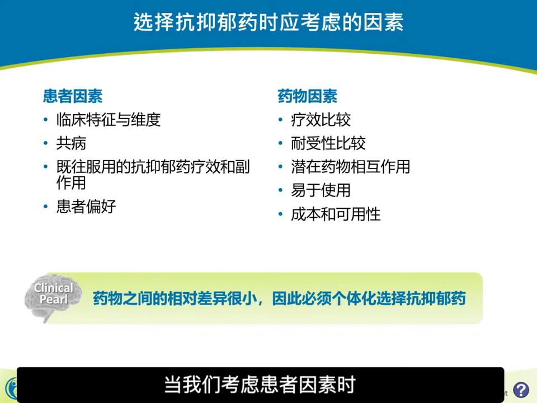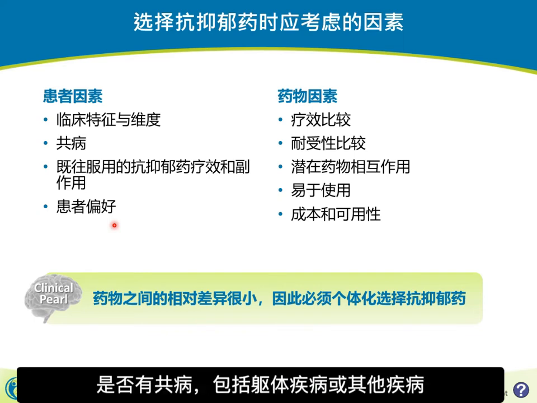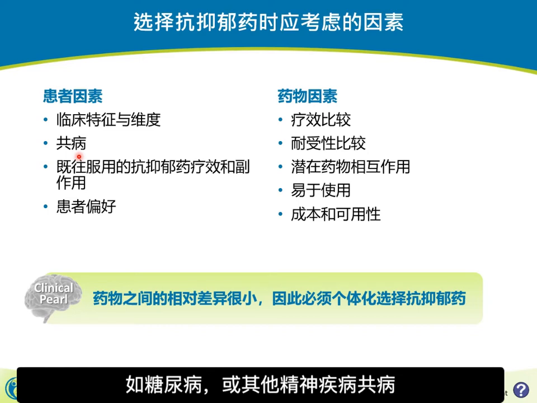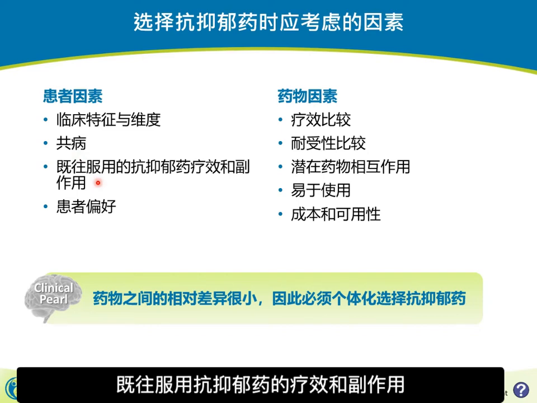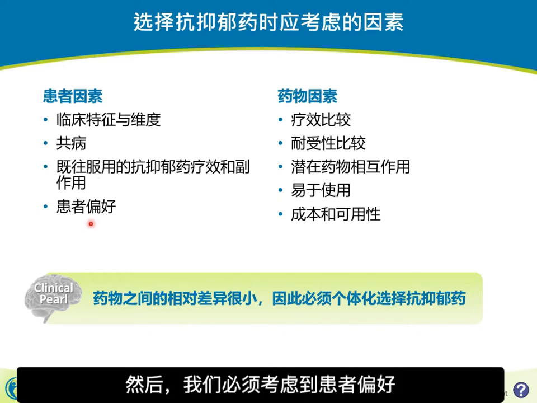When we look at patient factors, for example, we need to consider the clinical features, the symptoms that the patient's experiencing, whether they're having any comorbidities in regards to physical conditions, other medical conditions like diabetes, or whether they have other psychiatric comorbidities. We also have to look at the response and side effects that they may have experienced with previous antidepressants. And then we have to consider patient preference in terms of the decision on which antidepressant to use.